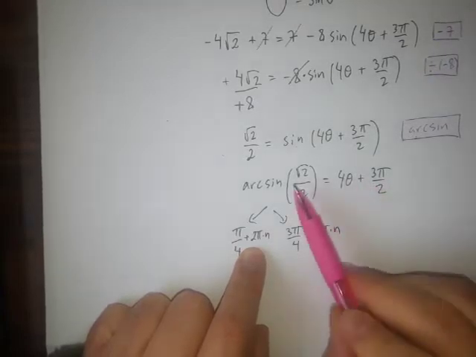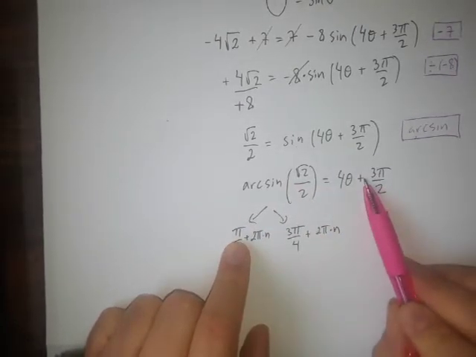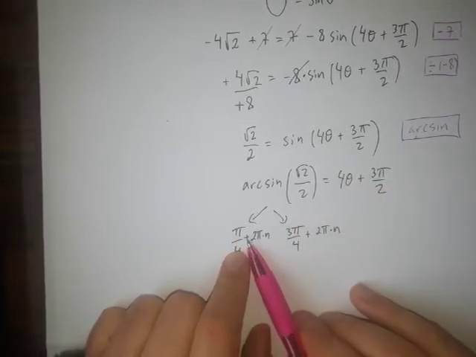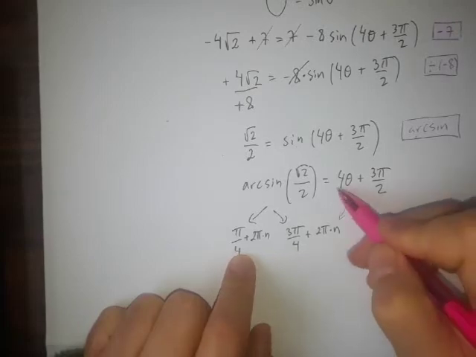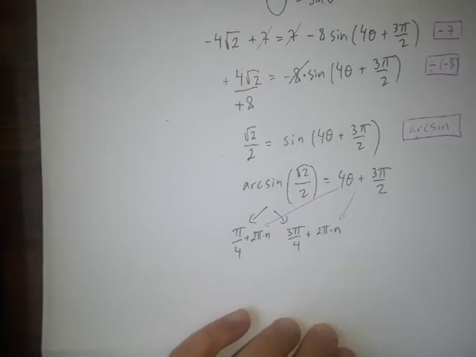Again, this equals this, and this has two solutions. So that means that this equals this, and at the same time, this equals this. So we're going to write two solutions. One that's going to be this equals this, and another one that's going to be this equals this. Okay? Let's go for it.